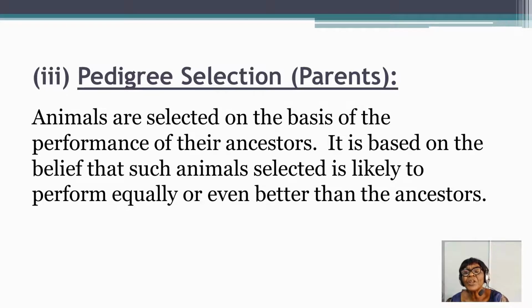This selection is based on the belief that such an animal selected is likely to perform equally or even better than the ancestors. You have observed their parents, their ancestors, maybe giving birth 3, 4, 5 at a time. You see they have good traits, so you select their offspring, their babies, because of the performance of their parents.